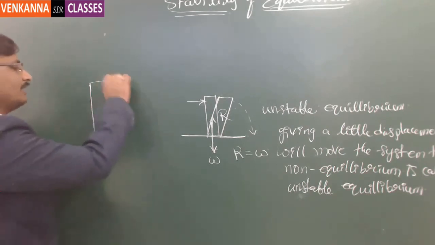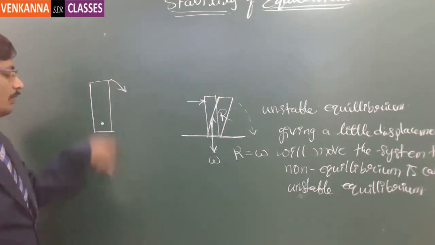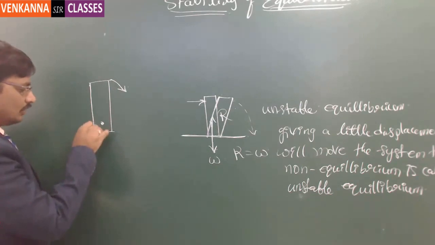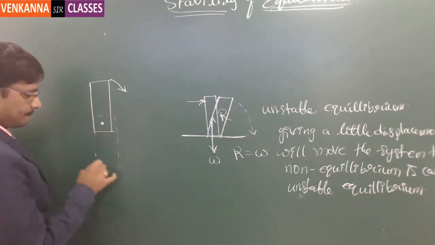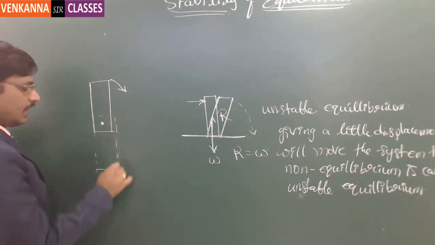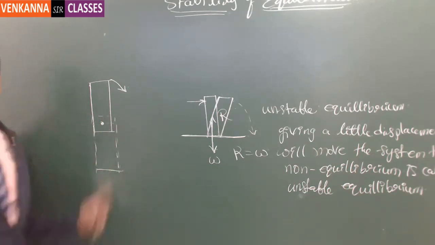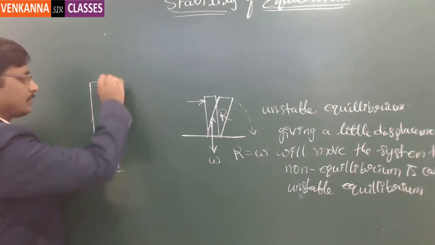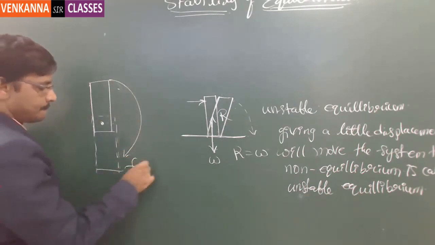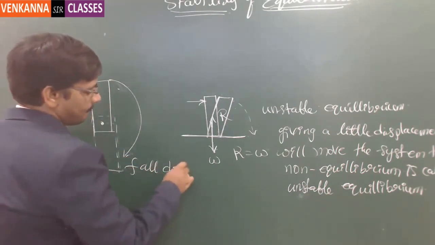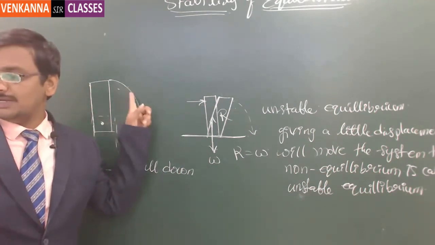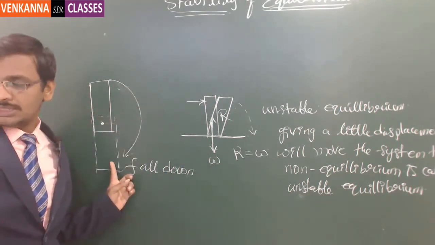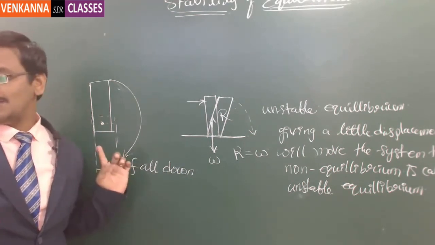Now if I give a little displacement, it will automatically fall down like this. This is after the movement. Initially the system is under equilibrium, but with a little displacement it falls down. So this is what is called unstable equilibrium.